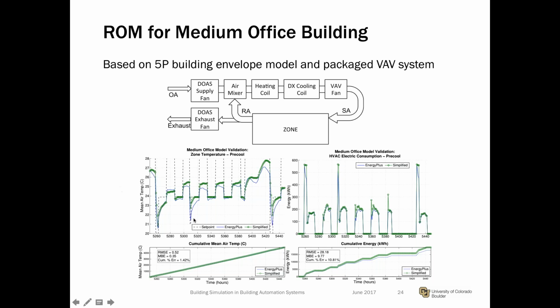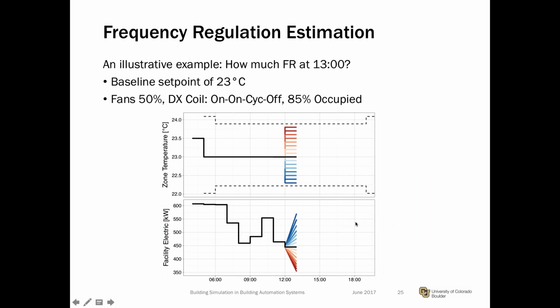You can see a good agreement in zone temperatures between the EnergyPlus training data and the simplified model response, especially on the weekend. You can see the free float is in very good agreement. Also in good agreement are the energy consumption and loads for this medium office building.